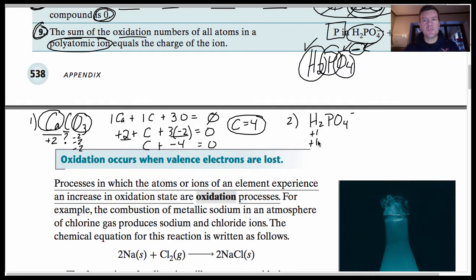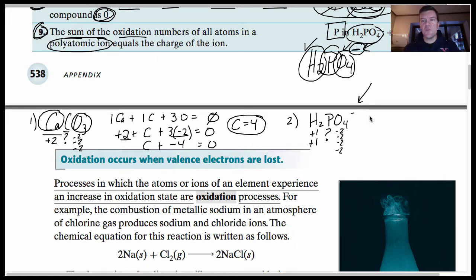Each of them are +1. The phosphorus, I do not know. Oxygen is a -2, and there are 4 of them. -2, -2, -2, and -2. Now this time they all have to add up to what? The charge. There's a charge on this compound. It's -1.